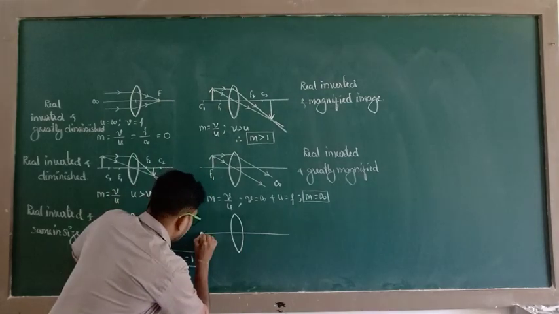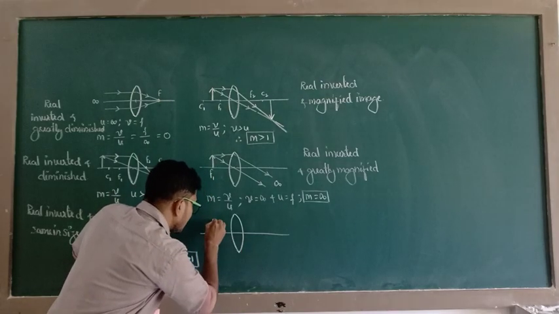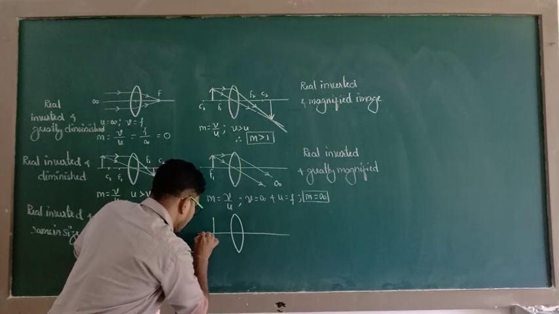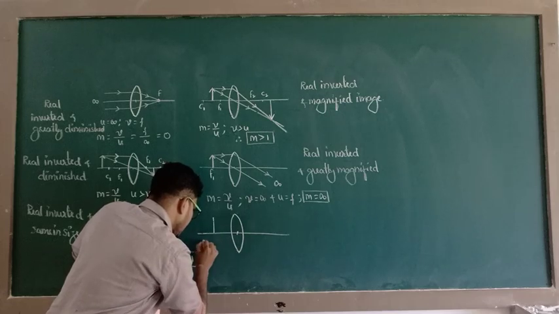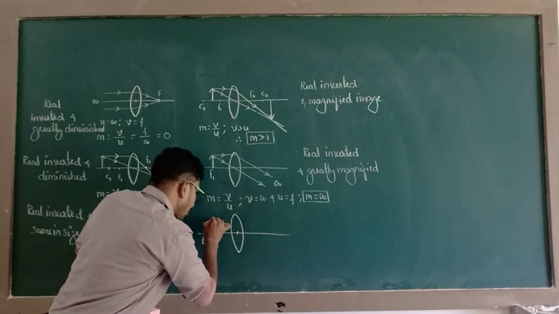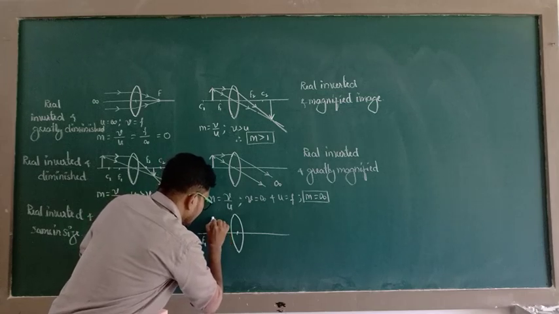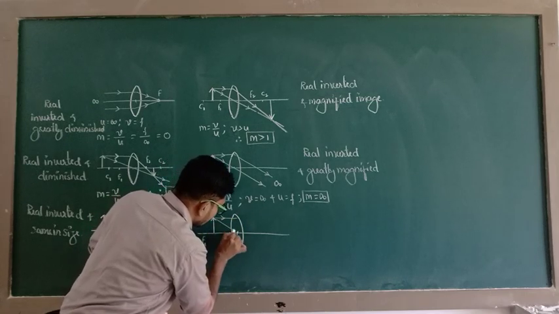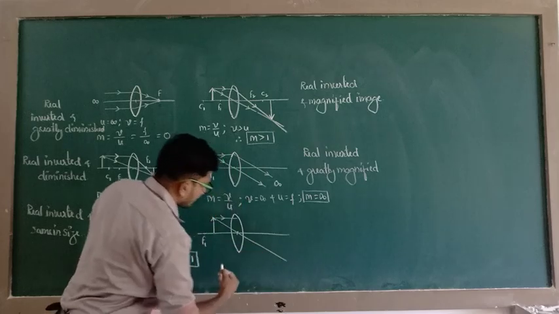When an object lies between principal focus and optical center, this point is the principal focus. Take an incident light ray parallel to the principal axis, and another incident light ray made to pass through the optical center.